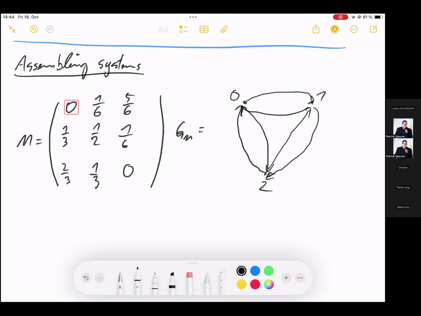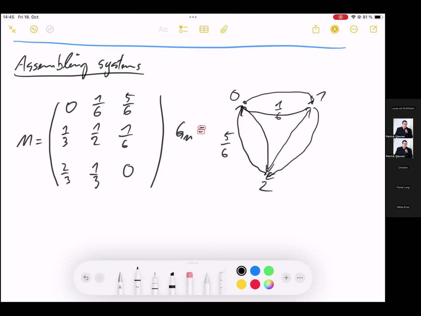Vertex 0 has no loop, but has an incoming one from 1 with a probability of 1/6, and from 2, which is 5/6.